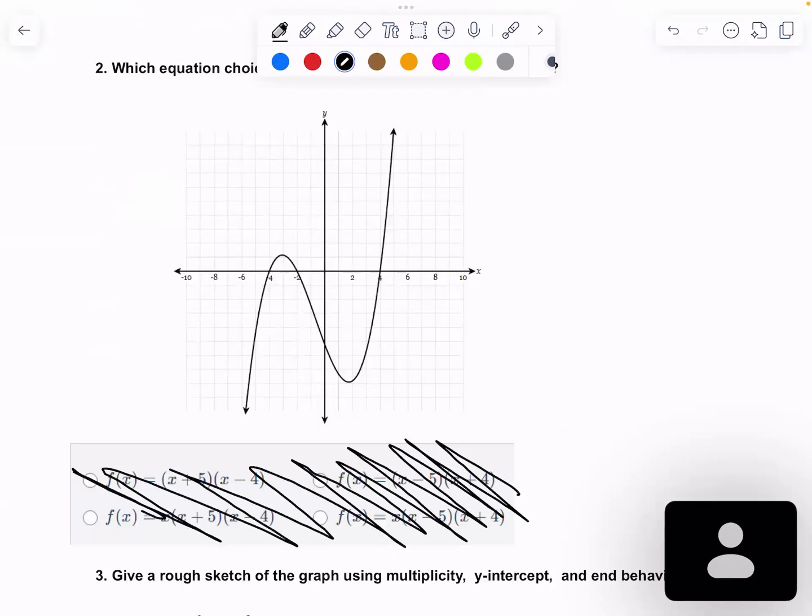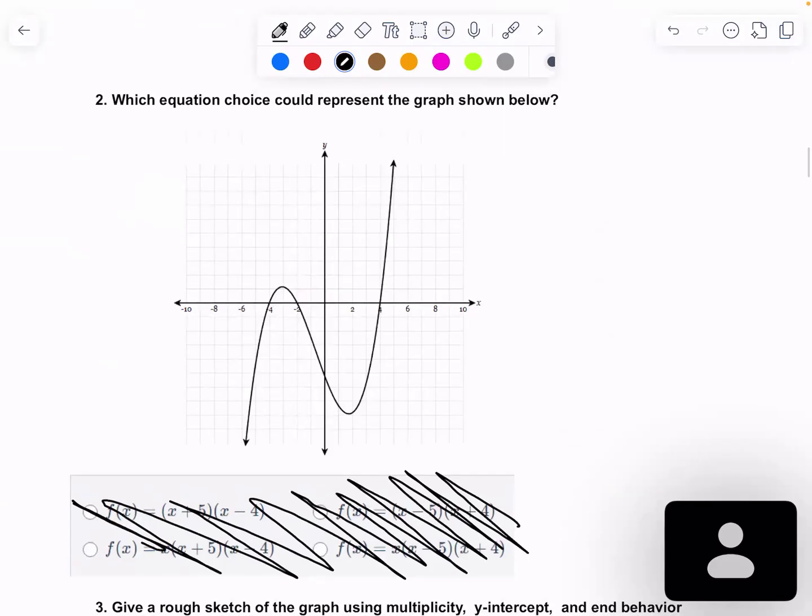Okay. So what I want you to do is do your best to come up with an equation that would model this. Now, the key thing here is recognizing that we have 3 roots, right? And we're going to assume that those are multiplicity of 1 because I'm going to give you equations on the test to choose from, right?